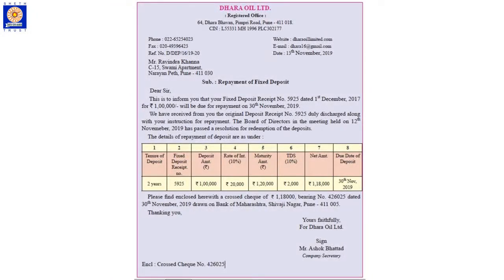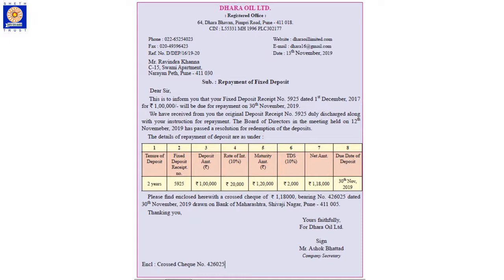Okay, our last letter for this lecture is repayment of fixed deposit. Now the content of this letter is quite big as compared to the previous two letters. So we'll directly start with the body part, with the salutation, that is, dear sir, this is to inform you that fixed deposit receipt number 5925 dated 1st December 2017 for rupees 1 lakh will be due for payment on 30th November.